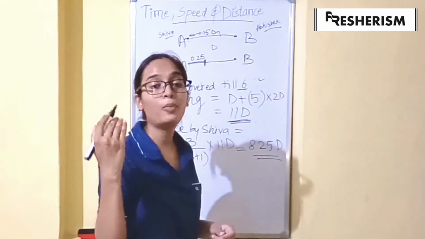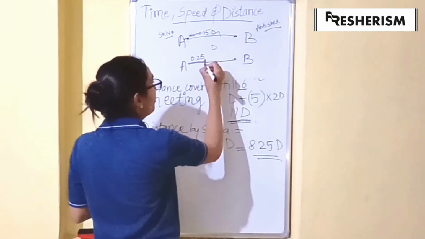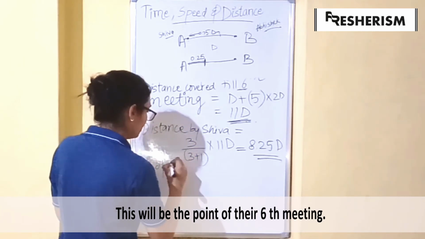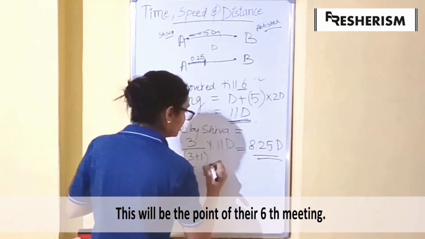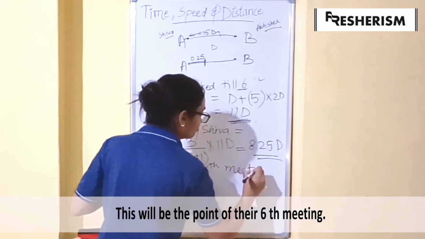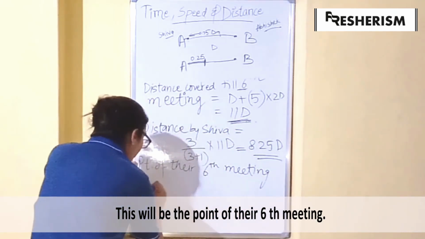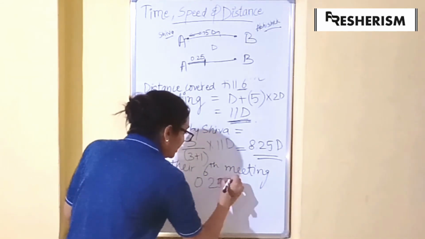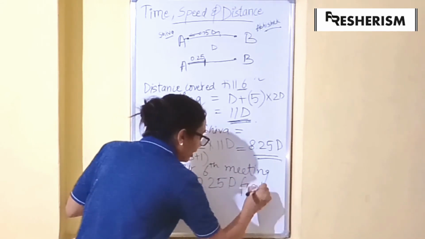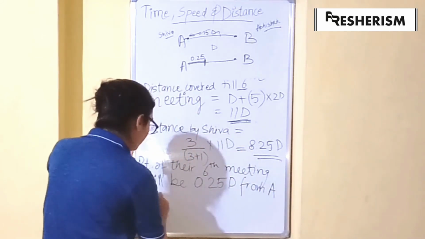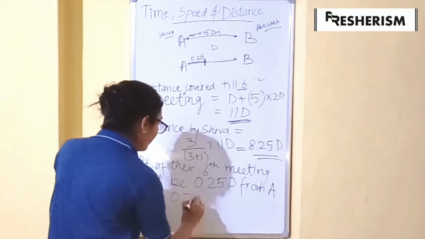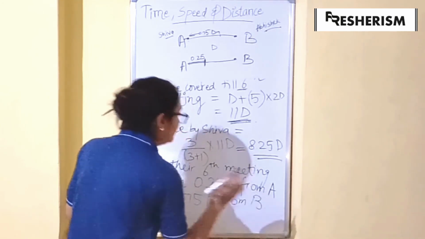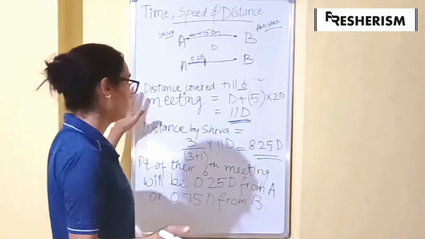We had to find the point of their sixth meeting. So this will be the point of their sixth meeting. So the point of their sixth meeting will be 0.25 D from A or 0.75 D from B. So this is how we solve questions like this.